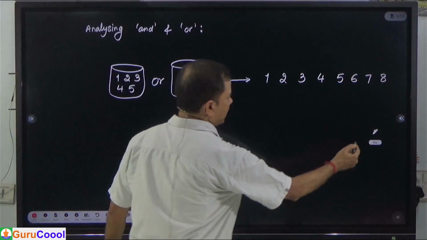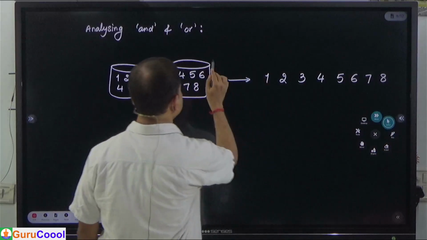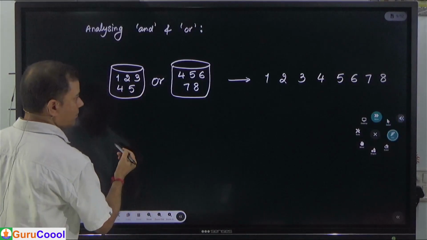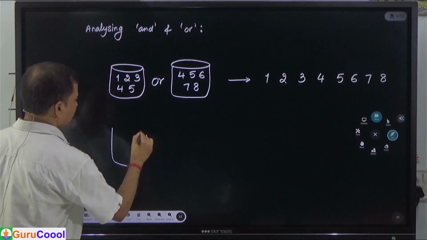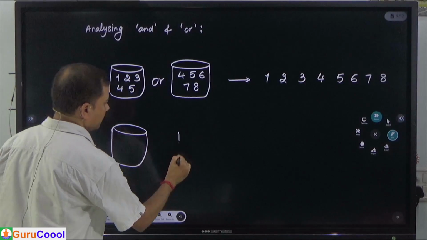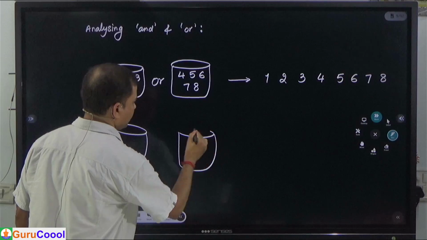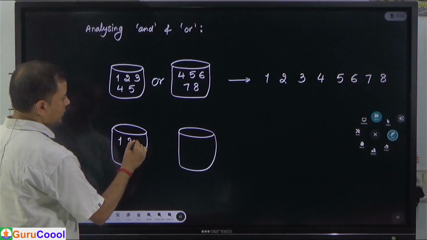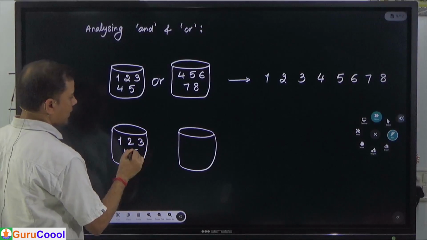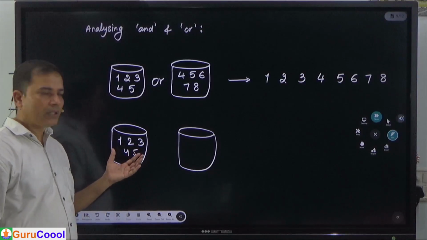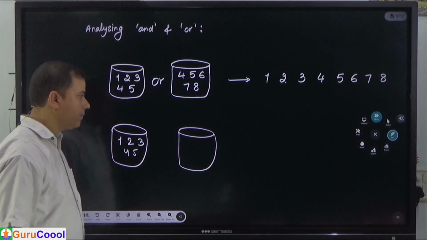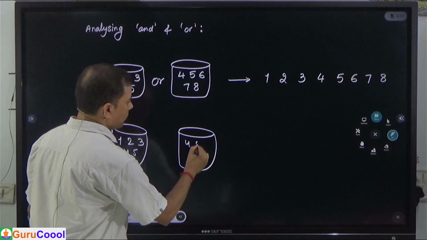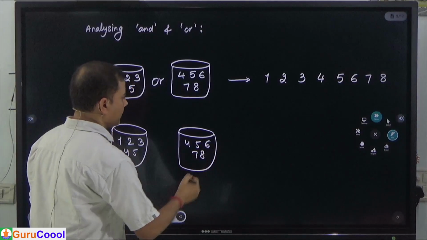Now consider if we have the same two more boxes. This time again we have 5 cards printed with numbers 1, 2, 3, 4, 5. This box also has 5 cards printed with the numbers 4, 5, 6, 7, 8.